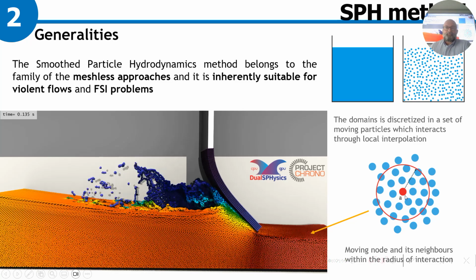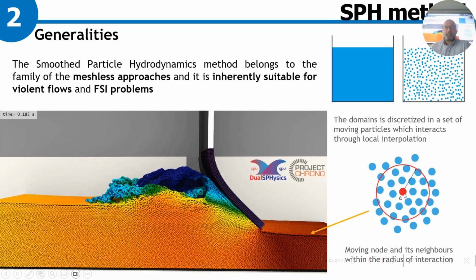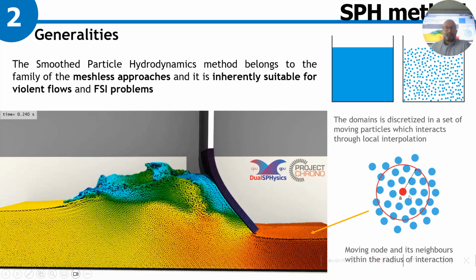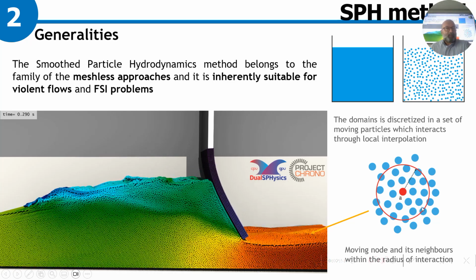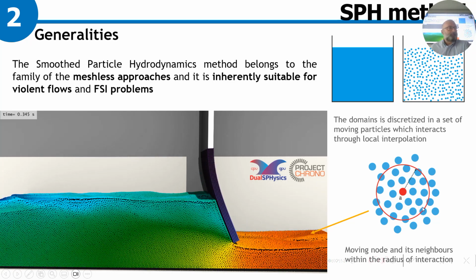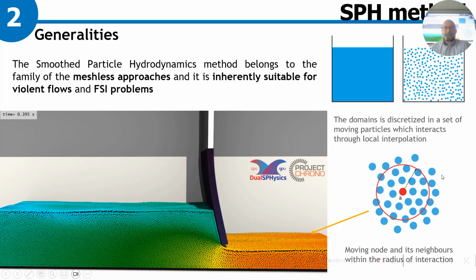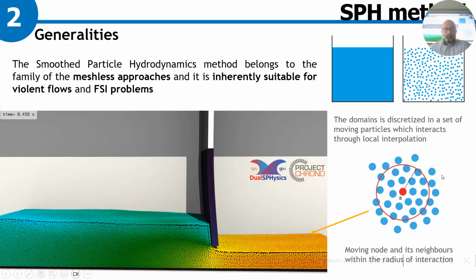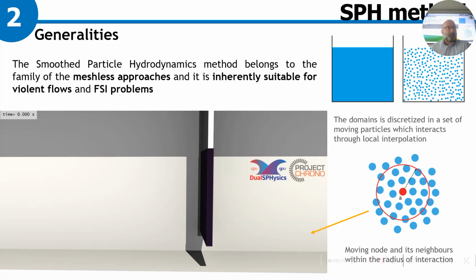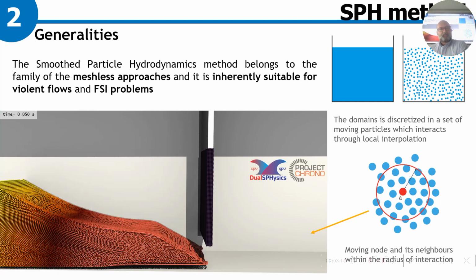The properties of the red particle here are influenced by neighboring particles inside a support domain. So it is a short-ranged kind of method, SPH.